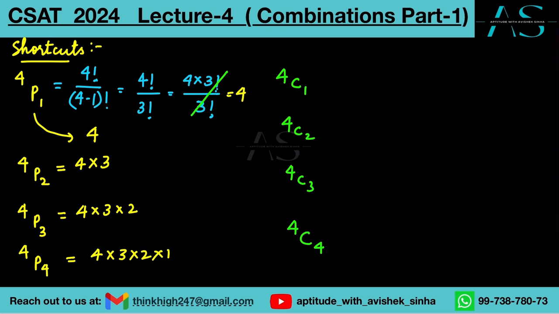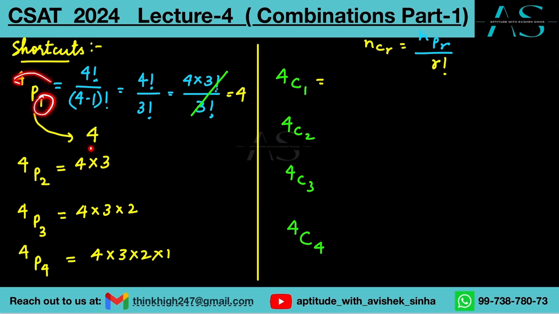Now, talking about the shortcuts for combination, nCr is nothing but nPr upon r factorial. So how would we be writing 4C1? We would be writing it as 4 upon r factorial. r here is 1, so 1 factorial.